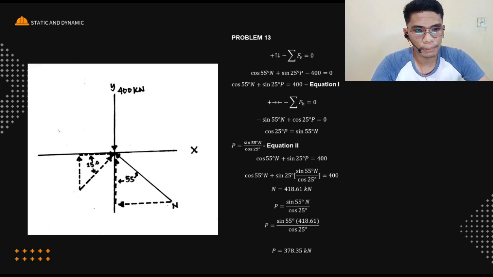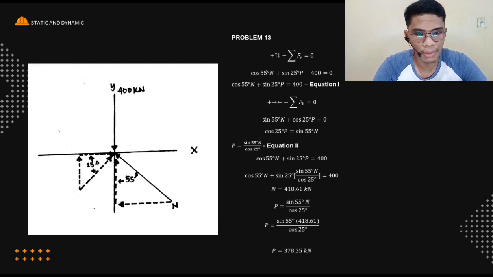So, dito sa N, the vertical force is cosine 55 degrees N. Naging cosine po siya kasi ang ating vertical force is adjacent dito po sa ating 55 degrees, plus dito naman po sa P, sine 25 degrees P, kasi po ang ating force po natin is opposite po dun sa ating 25 degrees.